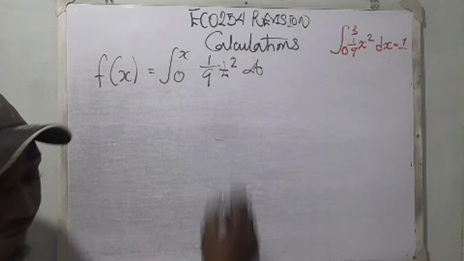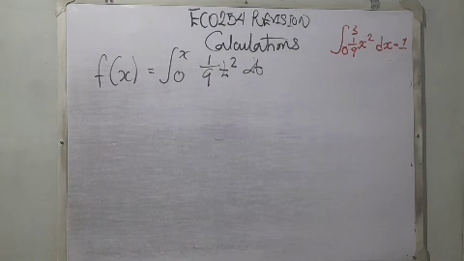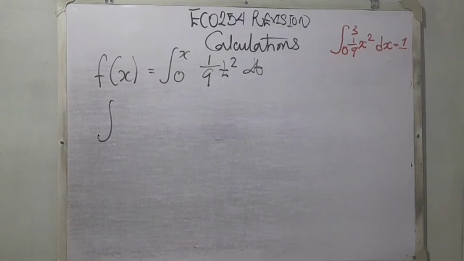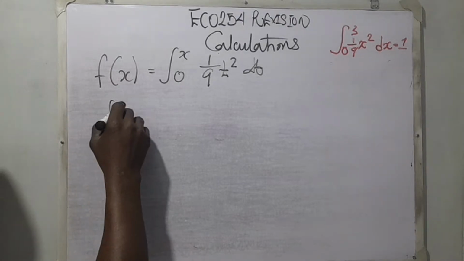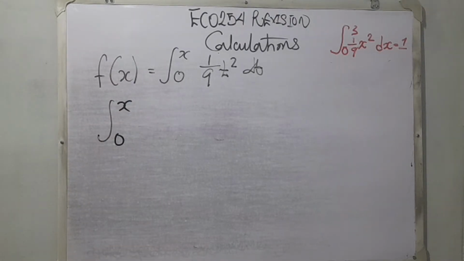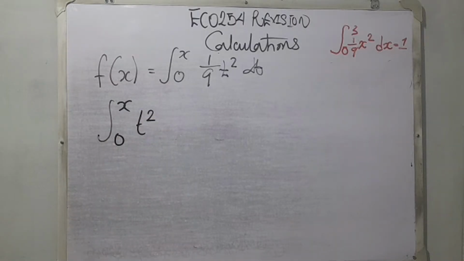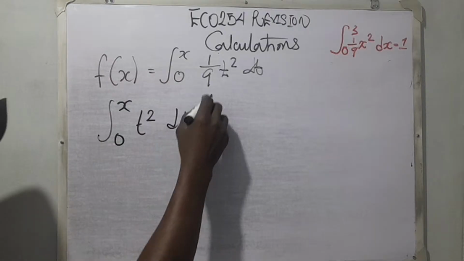I'll explain better, don't worry. So let's break it down. Same function we have, x 0, t raised to the power of 2, then we have dt.